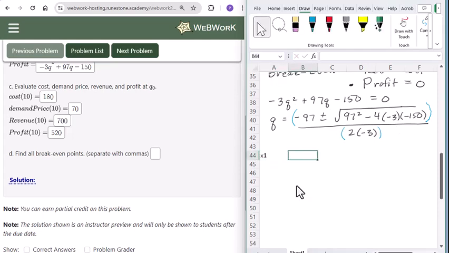For the first x, open the numerator, opposite of 97 plus square root, that's SQRT, of, inside the parentheses, you put what's under the square root, 97 squared minus 4 times -3 times -150. Okay, so that parenthesis closes off for the 150. This parenthesis closes off the square root, and then that closes off the numerator. Over. Open the denominator, 2 times -3.